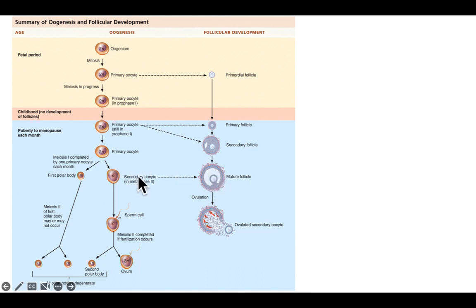Secondary oocyte and a polar body. And then that is what gets ovulated. And only if a sperm is present does it finish meiosis II. Then you have that fertilized ovum, which then becomes what's known as the diploid zygote. Again, this is all happening in the fallopian tube.